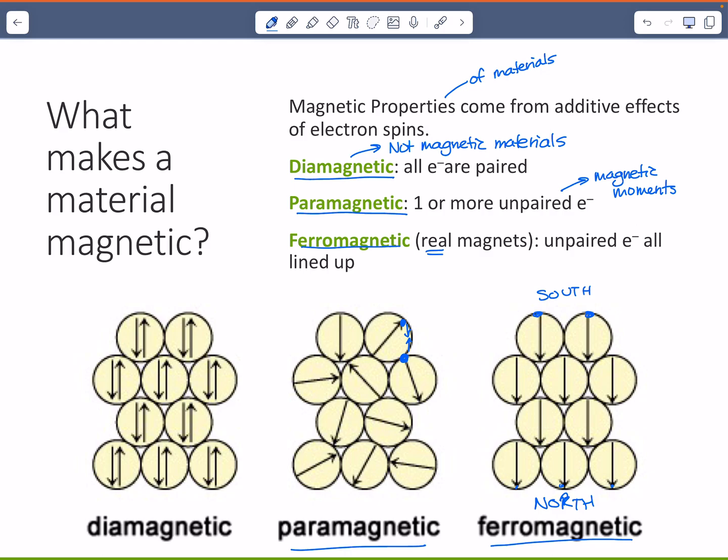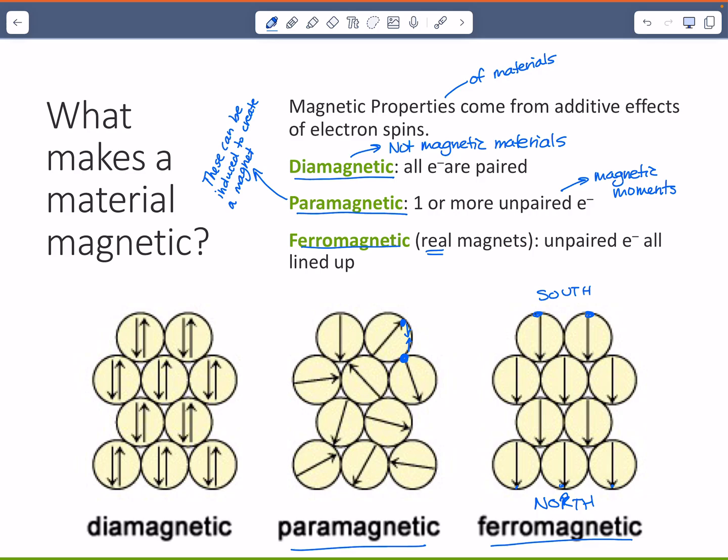So these can be induced to create a magnet, so that you would have all the things line up. So things that we consider electromagnets, materials that are not magnetic, but when you run an electric current through them, it causes the spins to line up and create a magnetic field.